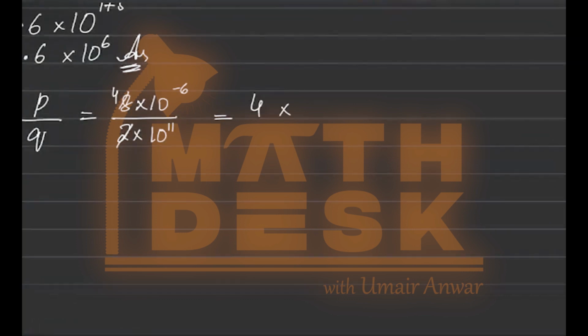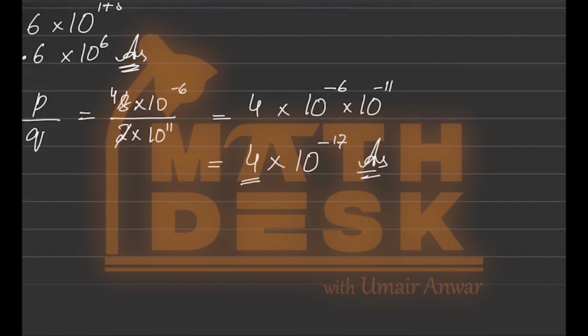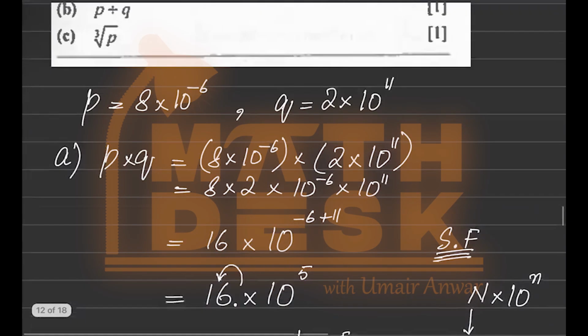And then we have two bases, 10 raised to -6, and if I move this 10 raised to 11 to the numerator, 10 raised to -11, we get 4 into 10 raised to -17 as the final answer. And this is already in standard form, because the number written over here is between 1 and 10, and we don't need to convert it into anything else.